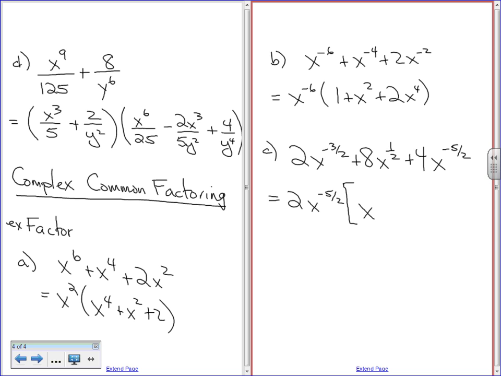Really what you're doing is you have 2 over 2, because negative 5 over 2 plus 2 over 2, you add negative 5 to 2, you get negative 3, and that stays the same. But 2 over 2 becomes 1, and x to the 1 would just be x. Make sense? So that all goes down to 1, and you don't have to put exponent 1 in, it's understood to be there. Okay, the next one.